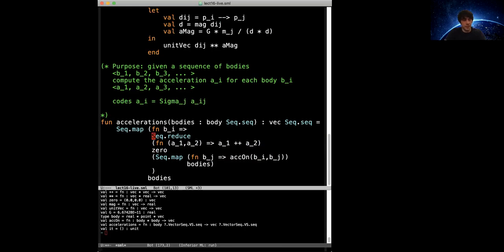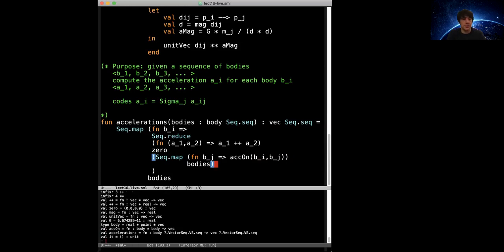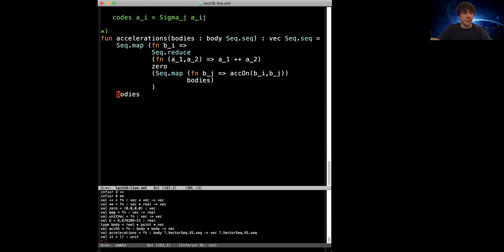And then we get the sum over vectors of all of the aij, and the aij are written in the code as the acceleration on body i due to body j for every other body in the bodies. So by having a nice library for vectors and a nice library for sequences, we can naturally write this kind of code that processes a whole sequence of bodies by turning each body into the acceleration on that body due to all the other bodies.